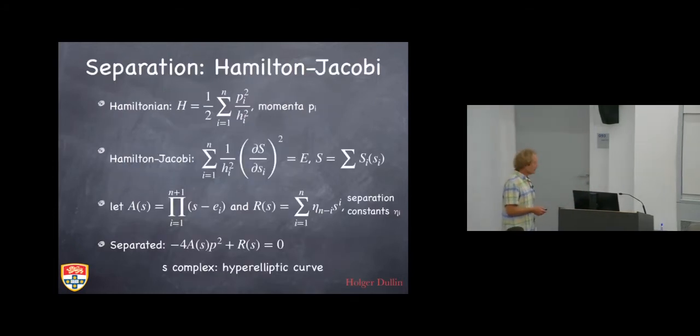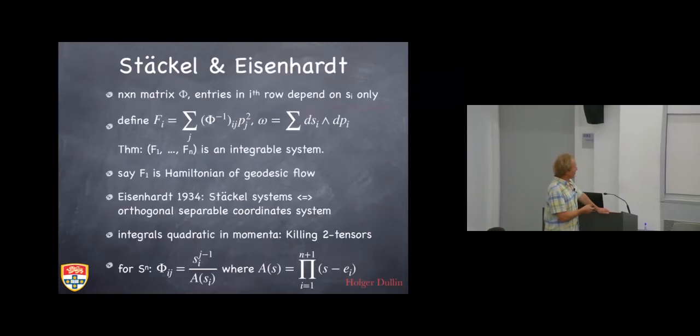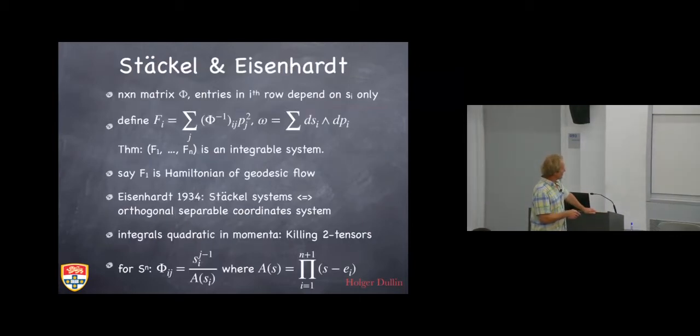All right, so finally, separation. So the Hamiltonian in this coordinate system is just the sum over momenta divided by these cofactors in the metric in this coordinate system. And the Hamilton-Jacobi equation basically asks to separate this PDE, right, where the S is the generating function of this transformation that we're looking for. And by Steckel, we now know how to do this. I mean, because these functions, by construction, if you write them in the original coordinates, they only depend on one variable, right?